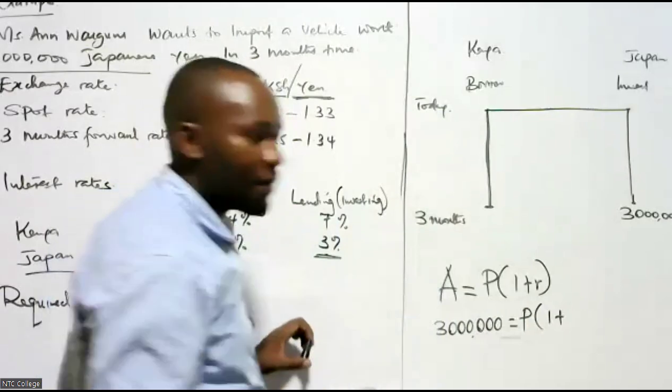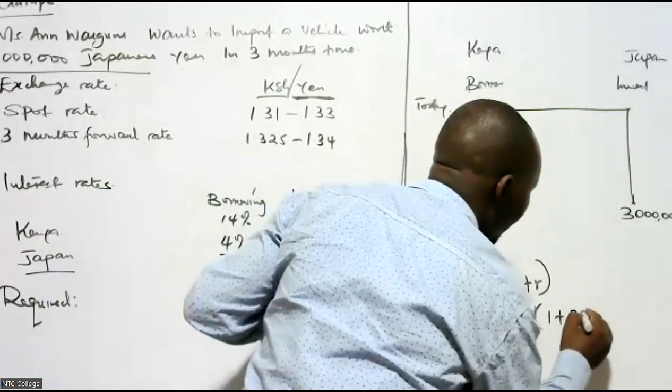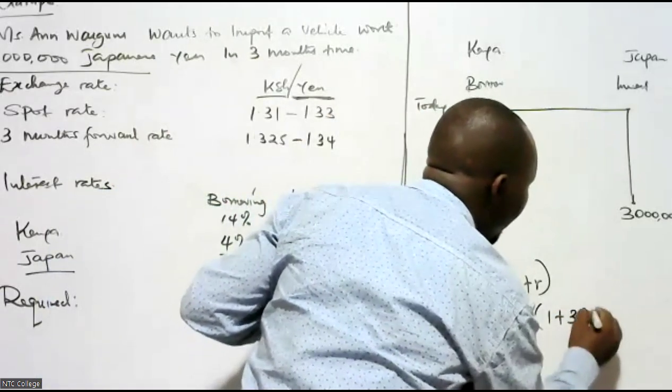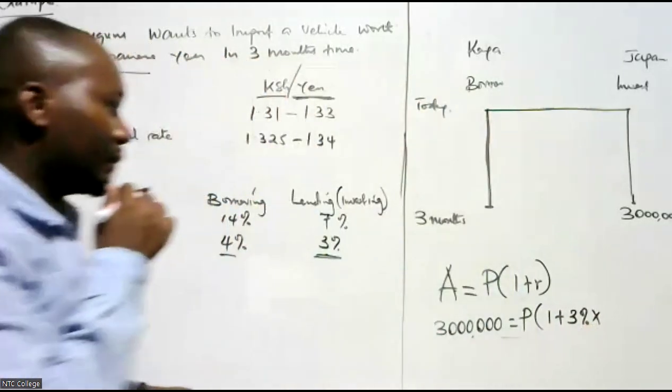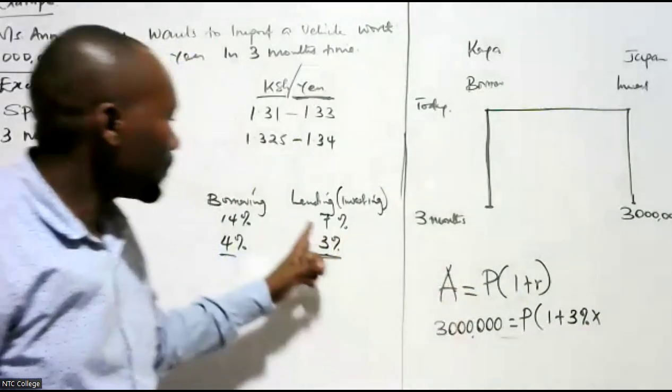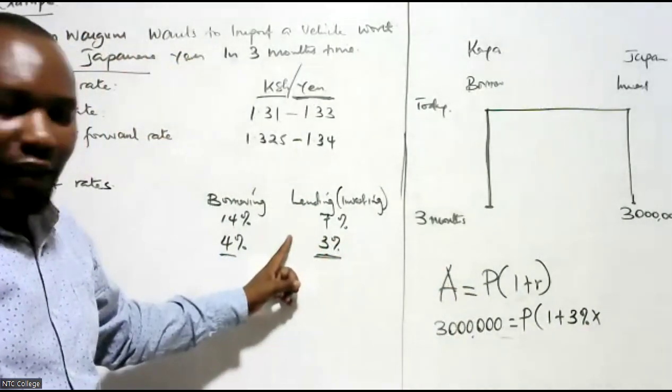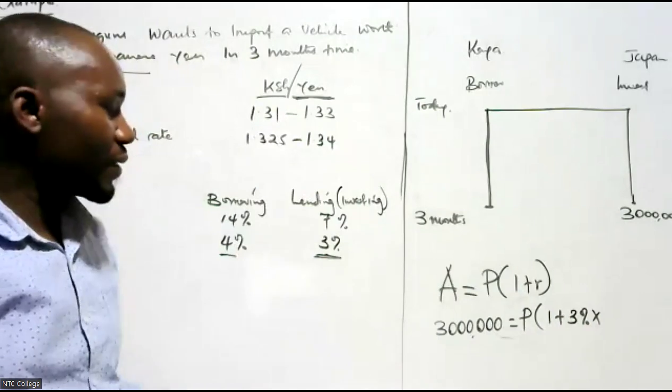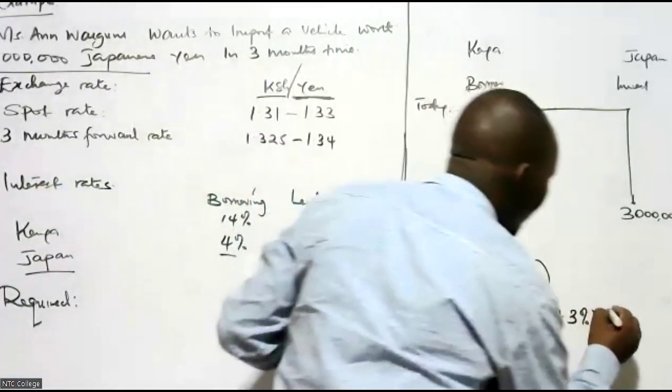Rate you said that is 3%, still, per annum. But we are only investing for how long? 3 months. This rate is per annum, per year, but we are going to invest for only 3 months. So it will be 3 all over 12.